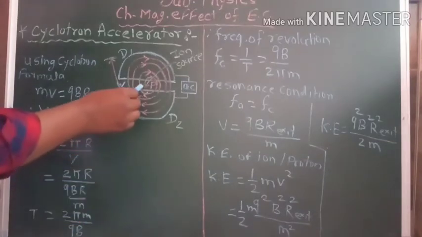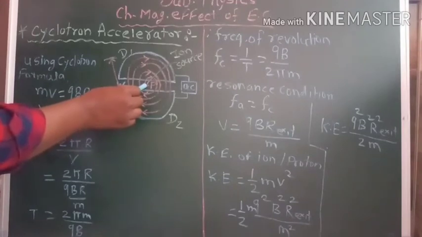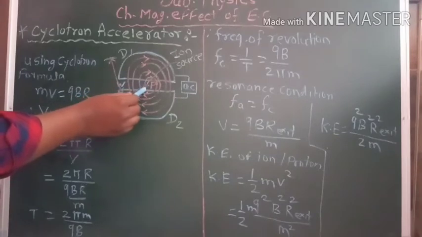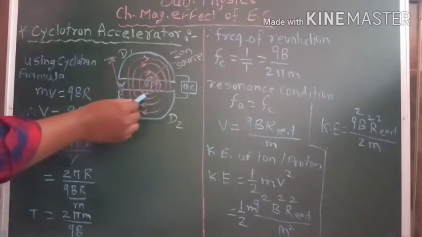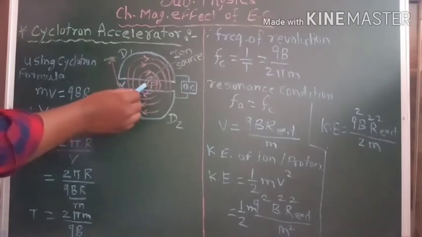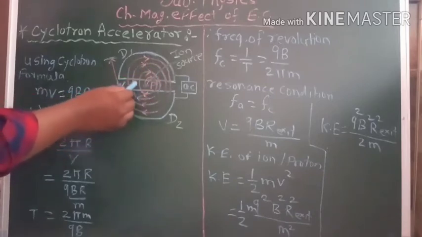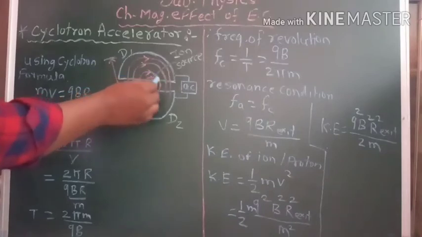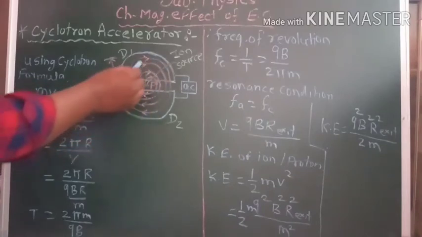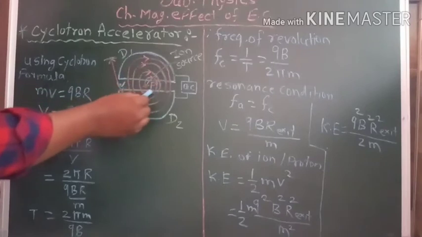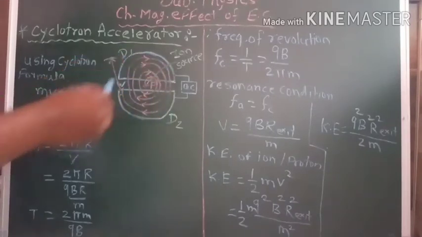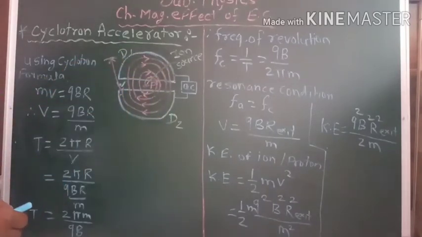When the positive ion is produced at point P due to the electric field and magnetic field from the ionizing gas source, it goes from D1 to D2 and produces one circular motion. Again it goes from D1 to D2, with changing radius, that is, increasing its radius and also increasing its velocity v.